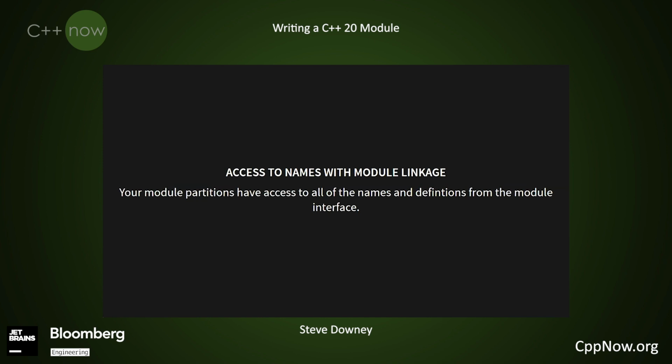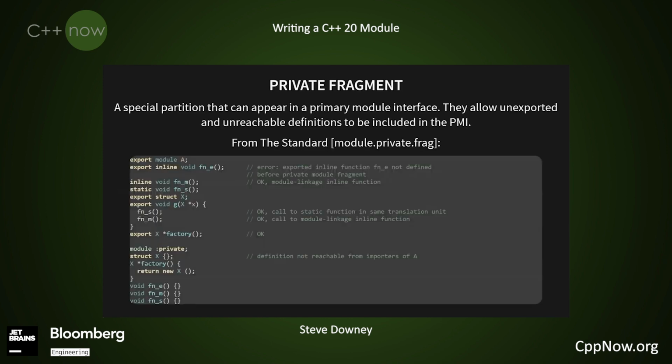The other tool you can use for organizing your module, the private module fragment. And I'm pulling this example right from the standard so I can point at the various things that we want to talk about.